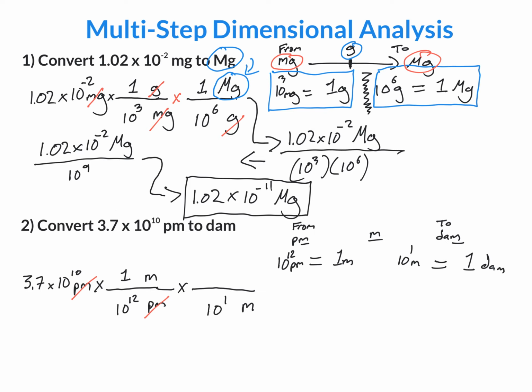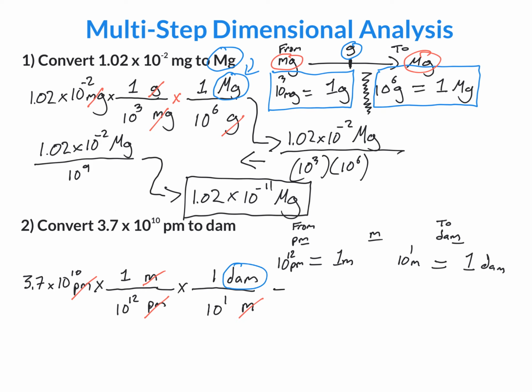I say, okay, I must finish the numerator. That means 1 decameter must be what goes on the top. I then cancel out. I ask myself, is what I'm converting to, decameters, in the numerator of my setup at the end? It is. I've set this up properly. Now I can simplify.